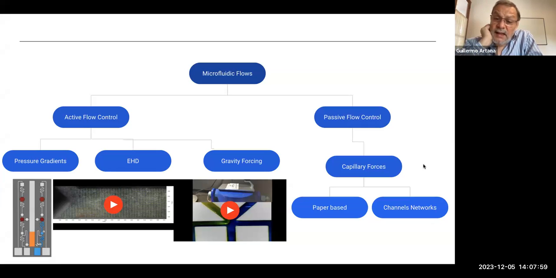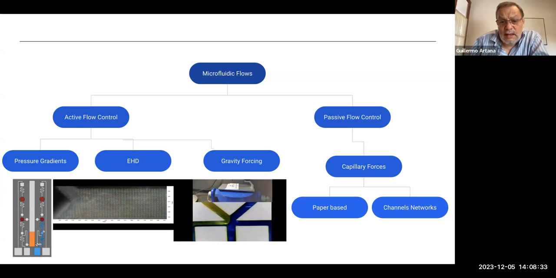Two main systems appear: one that is paper-based and the other that we would name channel networks, in which it is not paper-based, but you build channel networks in a chip. My topic is mainly related to channel networks, but I will also talk about some aspects of capillary forces and how we use them.